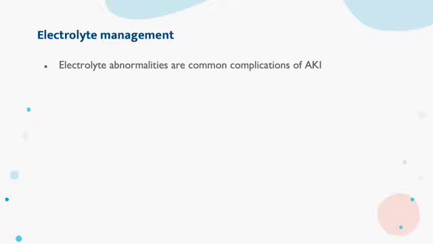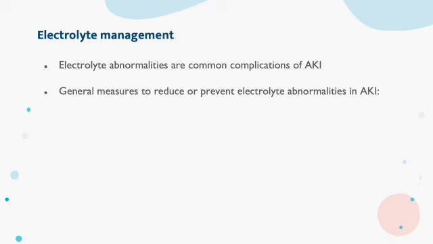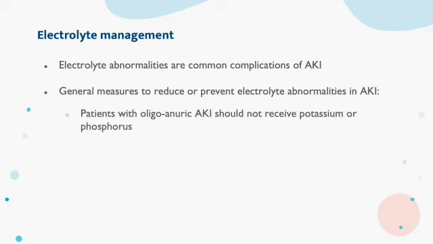The next management step in AKI is electrolyte management. Electrolyte abnormalities are common complications of AKI, and in general, electrolyte disturbances are asymptomatic, so they require routine monitoring for early detection. General measures to reduce or prevent electrolyte abnormalities include: first, patients with oliguric or anuric AKI shouldn't receive potassium or phosphorus unless they exhibit significant hypokalemia or hypophosphatemia.